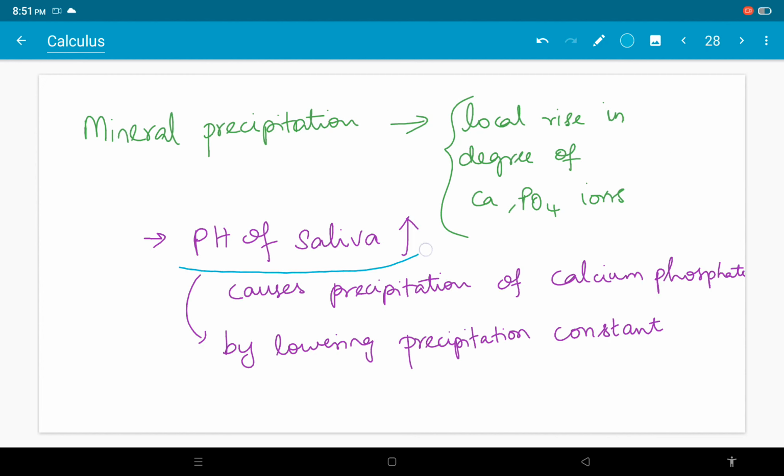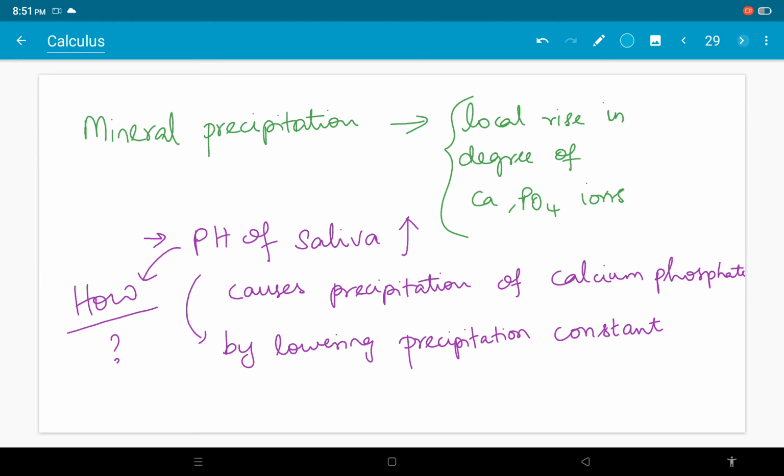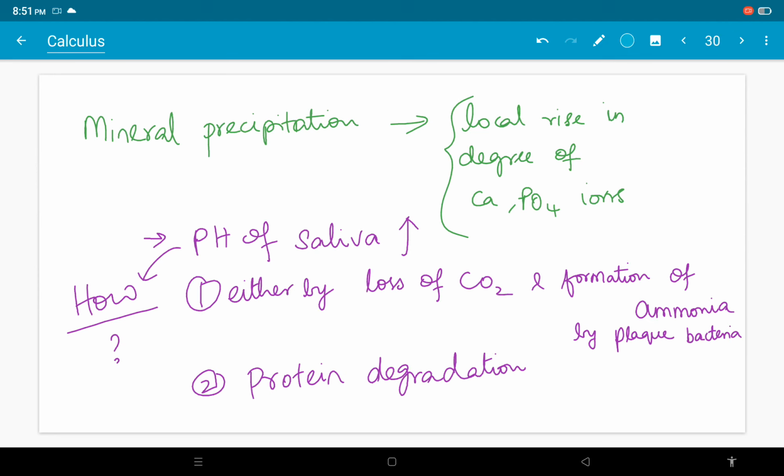There is increase of pH of saliva. How does this happen? Before that, this increase in pH of saliva, what does this cause? It causes precipitation of calcium phosphate by lowering the precipitation constant. Since the pH has risen, there is precipitation of calcium phosphate. First, how does this pH rise occur?